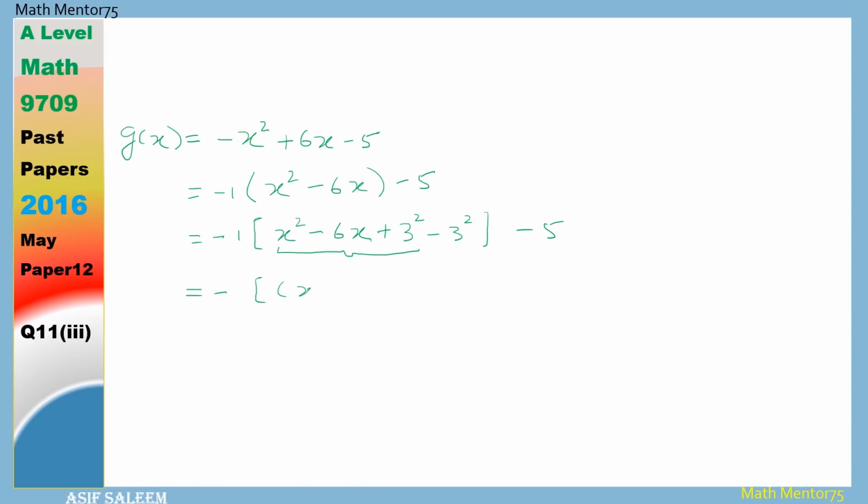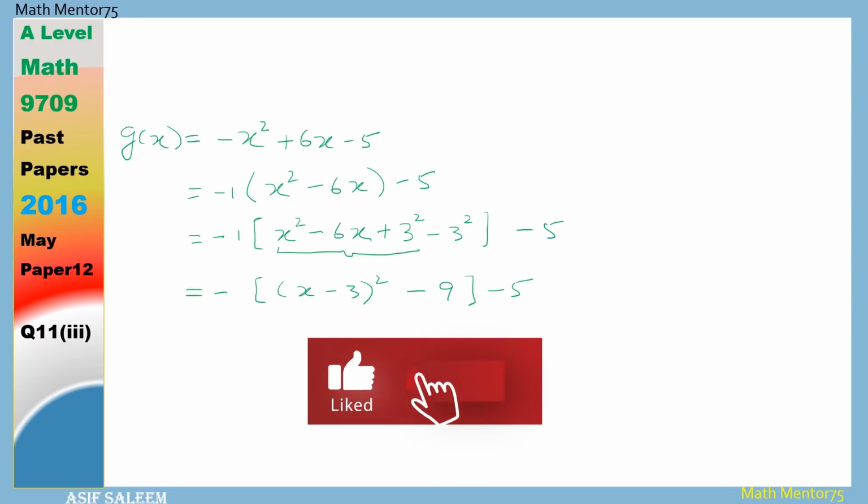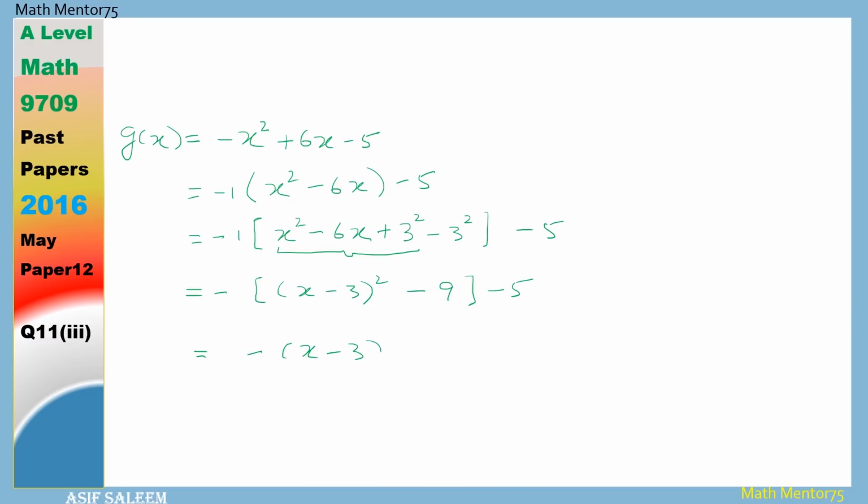So it is (x minus 3) whole square minus 9 and minus 5 outside the brackets. Open the brackets, we have minus (x minus 3) whole square plus 9 minus 5. So 9 minus 5 is 4. That is 4 minus (x minus 3) whole square, and this is our required completed square form.